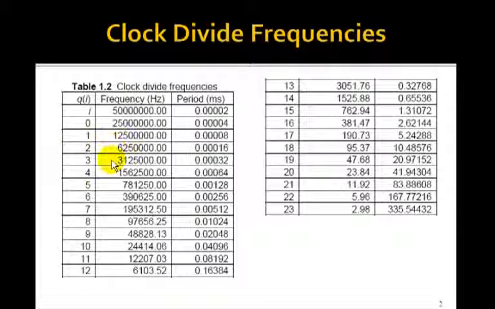And it keeps going down for every Q, and if you finally get down here to Q17, for example, we'll be all the way down to 190 hertz. We're going to use this one to drive our 7-segment displays. That is, we'll multiplex it at a 190 hertz rate. If you get down here to Q19, that's about a 48 hertz one.